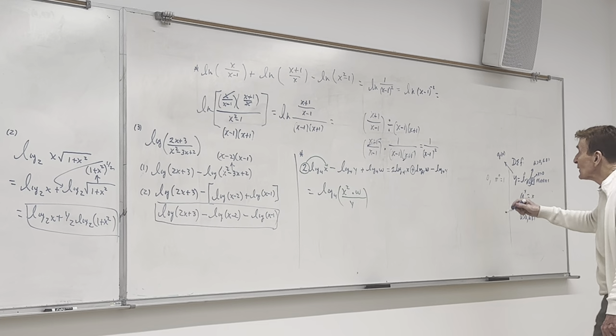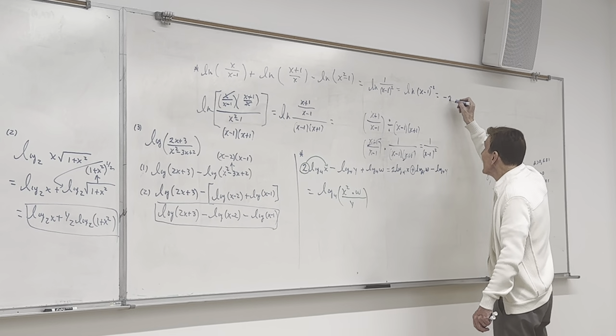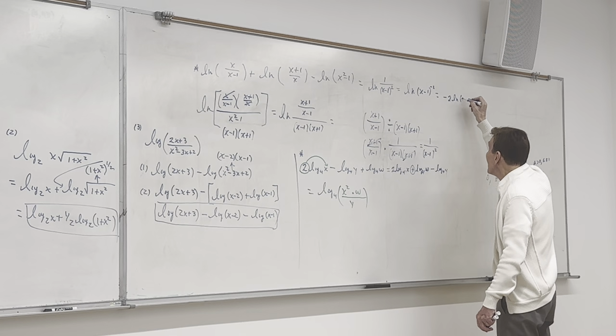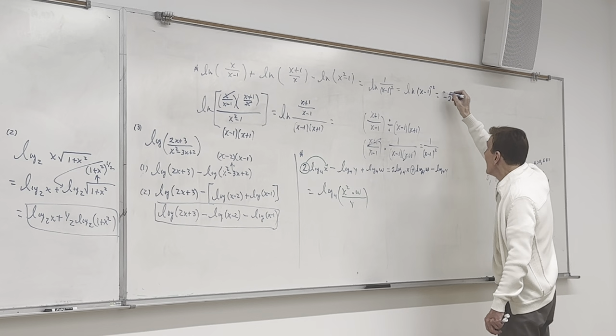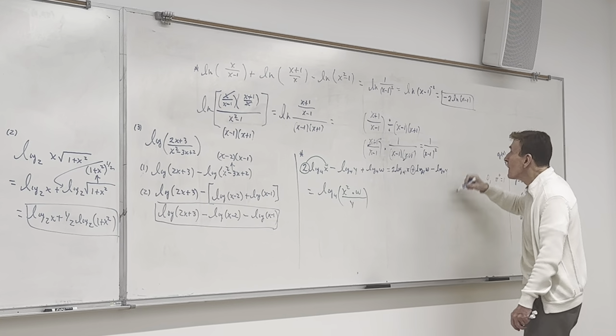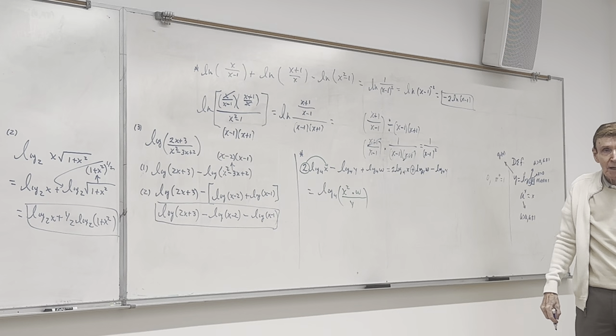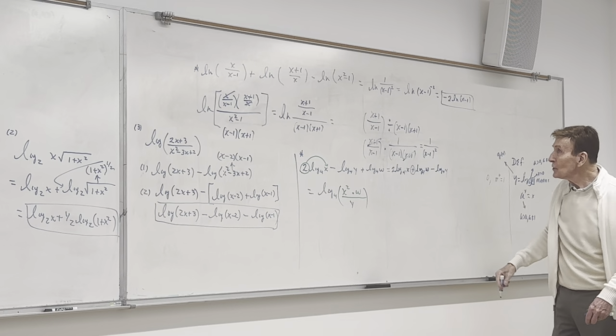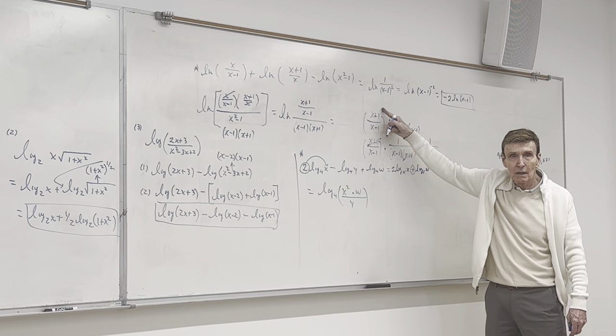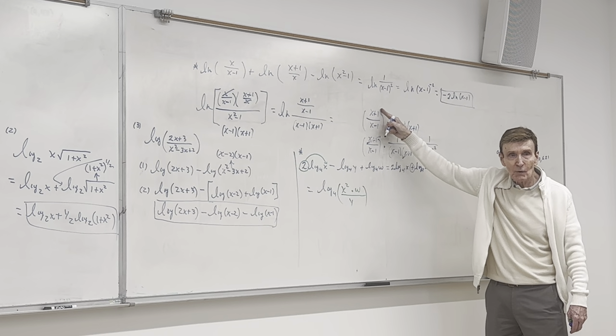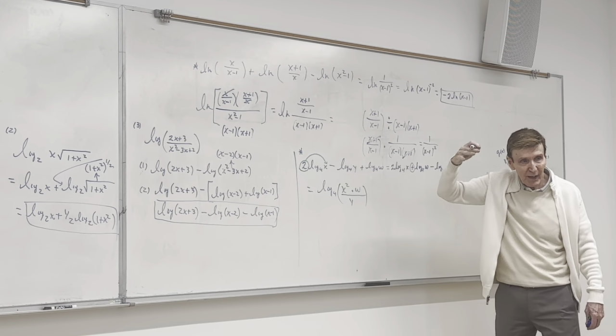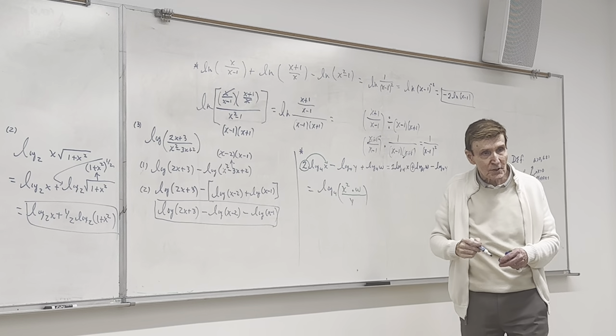So the answer in the book may look like this. And all of a sudden, you're a good student, and you have this as the answer. What they did, they just played around with it a little bit, simplified it a little bit, and they have their answer in the other version.